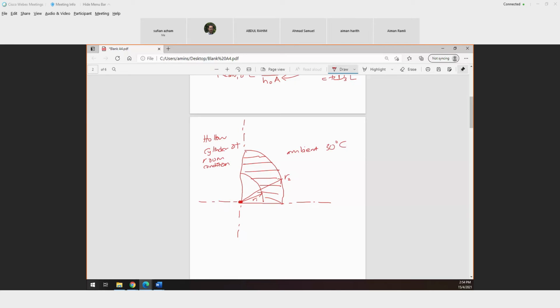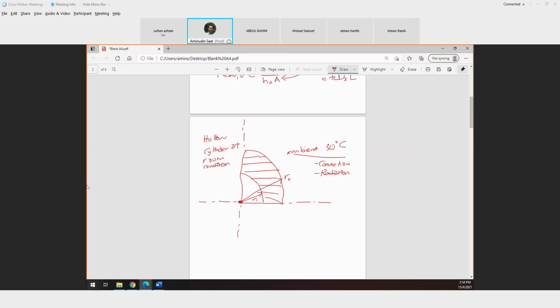So in this ambient condition, normally under normal condition, there will be the effect of convection and radiation. Remember in chapter 1, when any object or system has a temperature above 0 Kelvin, there will be radiation heat transfer.